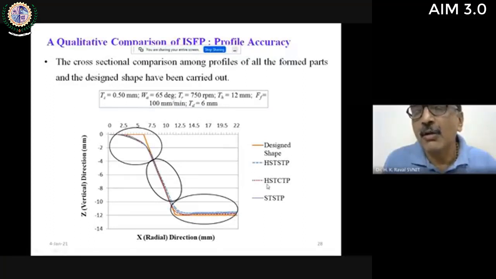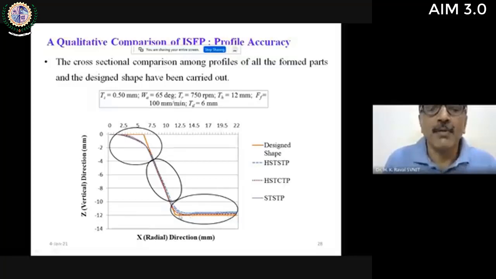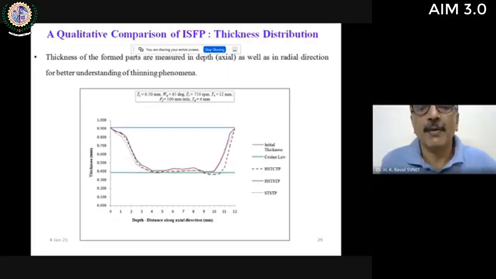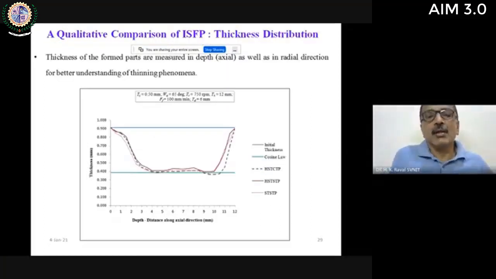Red is HST-CTP, meaning hemispherical tool with contour tool path. So contour tool path gives you less pillow error and less corner error. On the wall, the different strategies have almost similar shape.